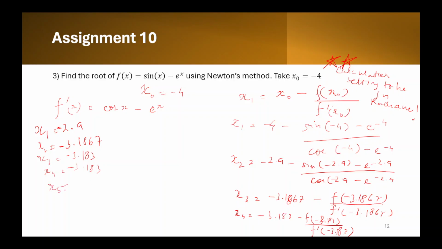Again for x5, you get minus 3.183. As we had seen, x i plus 1 is equal to x i, so f(x i) upon f dash(x i) is equal to 0, which means f(x i) is equal to 0. So your root comes out to be minus 3.183.